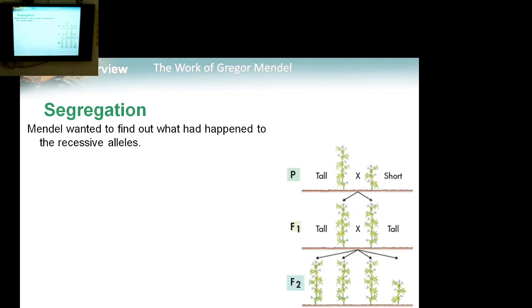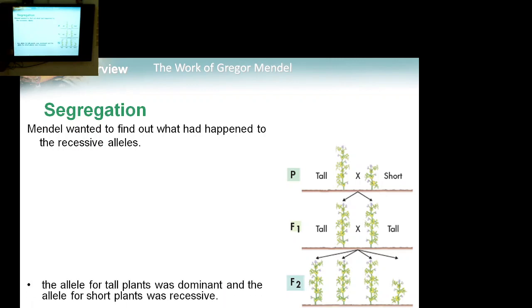Once he did this, he found that the shortness allele appeared again, and that means the recessive allele does not disappear. It stays, but it's covered by the dominant. The allele for tall plants was dominant, and the allele for short plants was recessive. The recessive allele for shortness is not lost in the F1 generation. It will stay, but it will be covered.